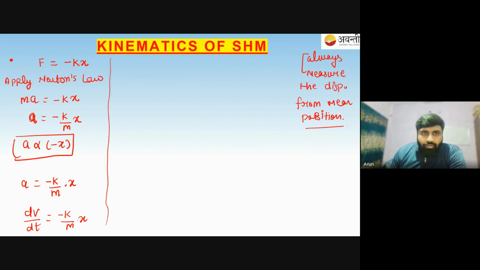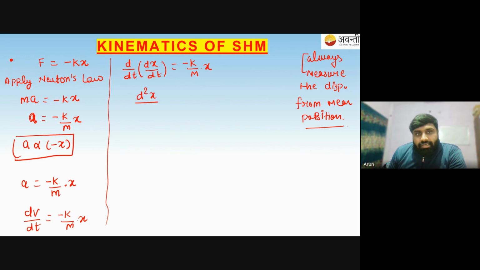Now, v we can write as dx by dt, so it will become d by dt of dx by dt equals minus k upon m into x. This will become d2x upon dt square equals minus k upon m into x.